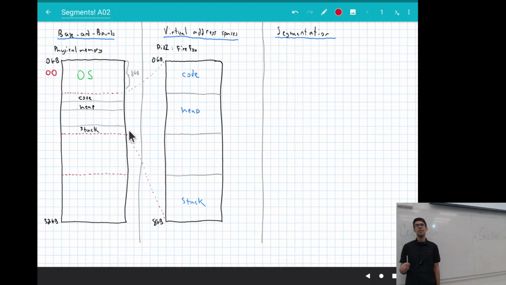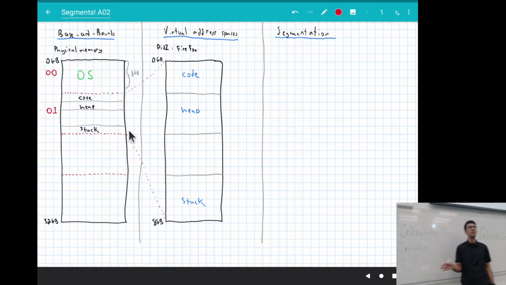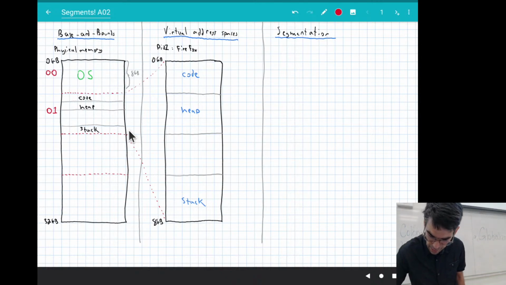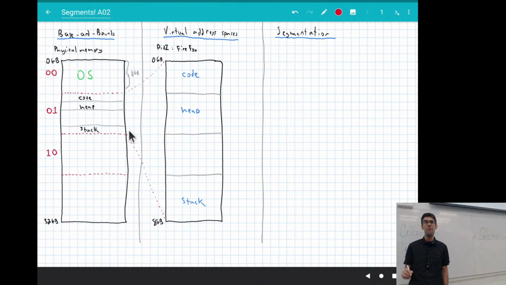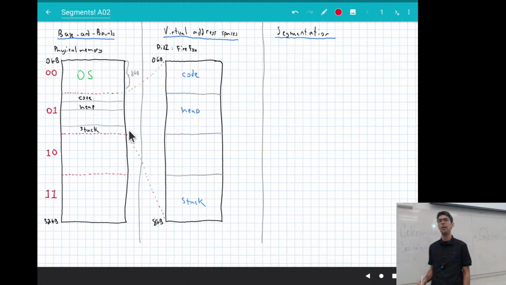Every address in the partition that I've allocated for Firefox starts with 01 in binary. So we're talking about binary here. Every address for the partition that I haven't yet allocated here starts with 10. And every address in the remaining partition that I have not yet allocated starts with 11.